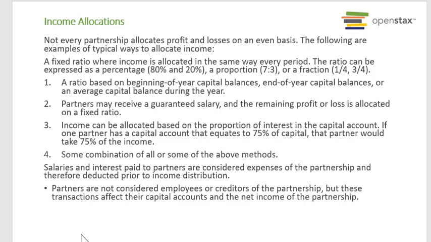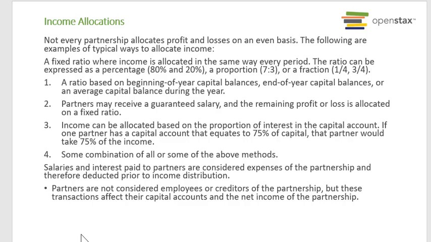Or a ratio based on the beginning of year capital balances, end of year capital balances, or an average of the capital balance in a year. This encourages partners to keep capital in the business instead of pulling all their capital once they've invested it. So if the ratio of income is based on how much capital you have in the business, you're more inclined to leave more capital in the business, which helps the business because it gives them money to operate.